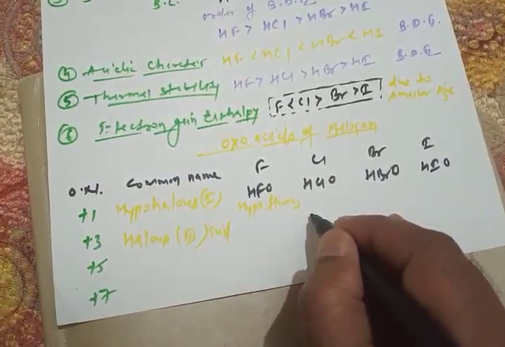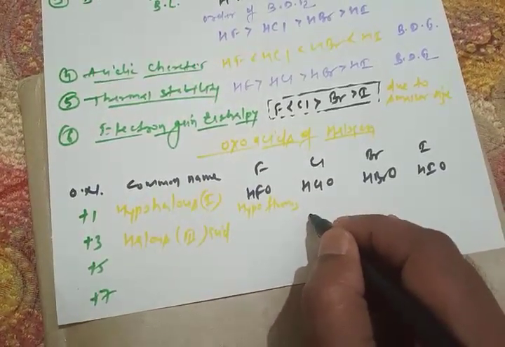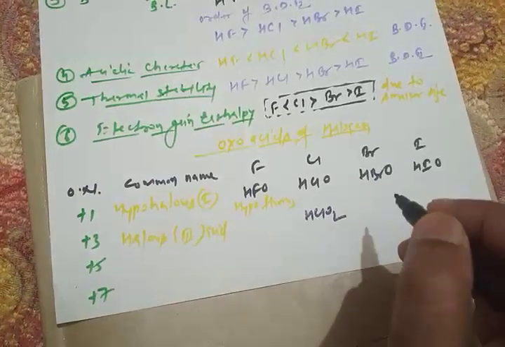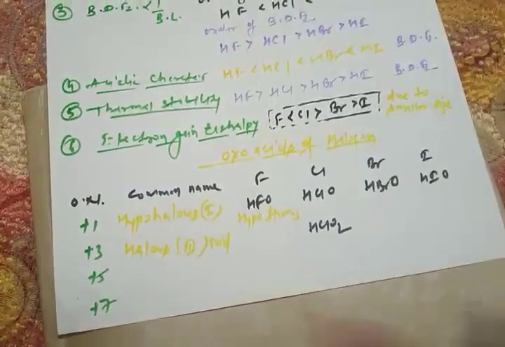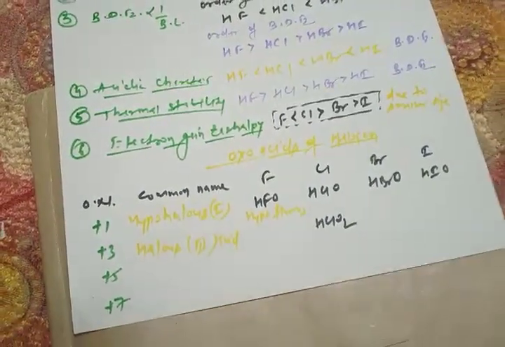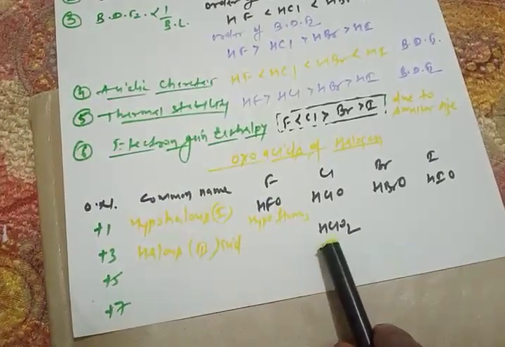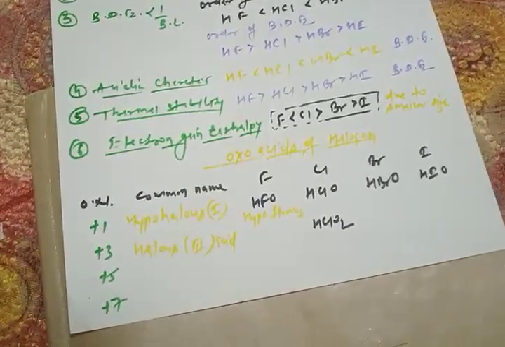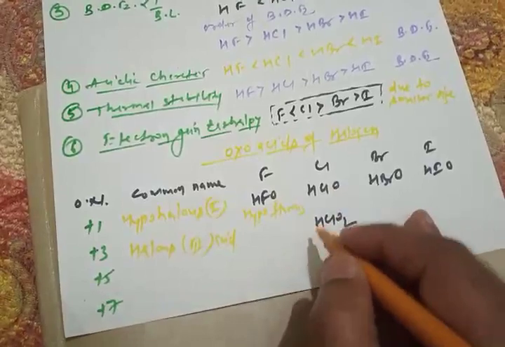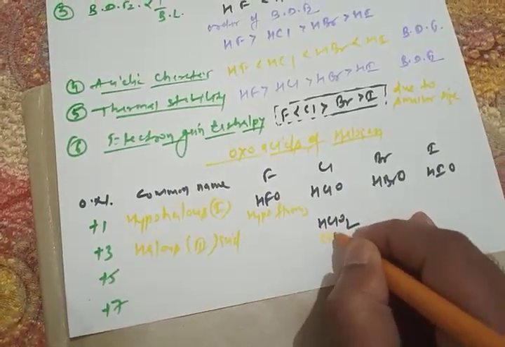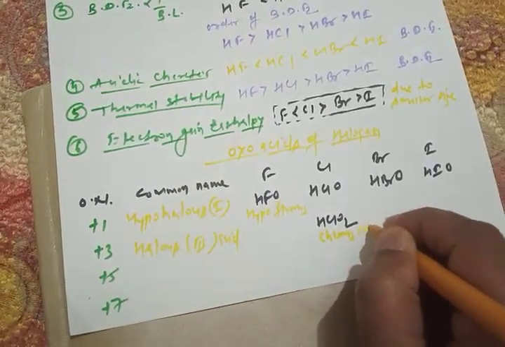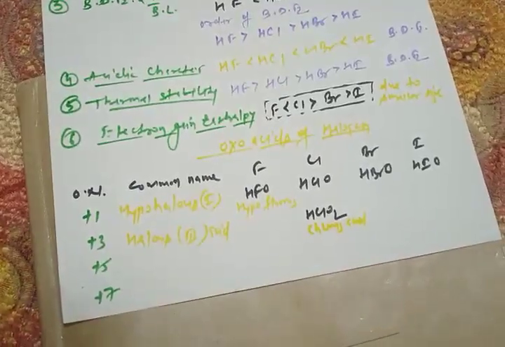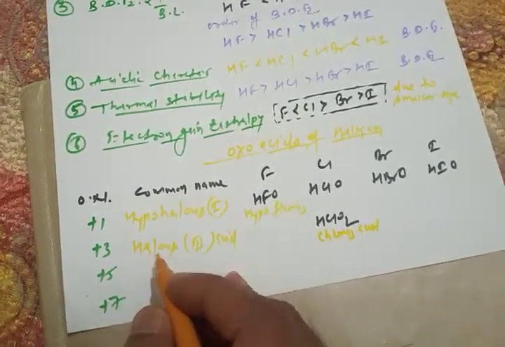In the case of chlorine we have HClO2, and no other examples will form. So in this case, what will be the name? It is chlorous acid, chlorous acid.